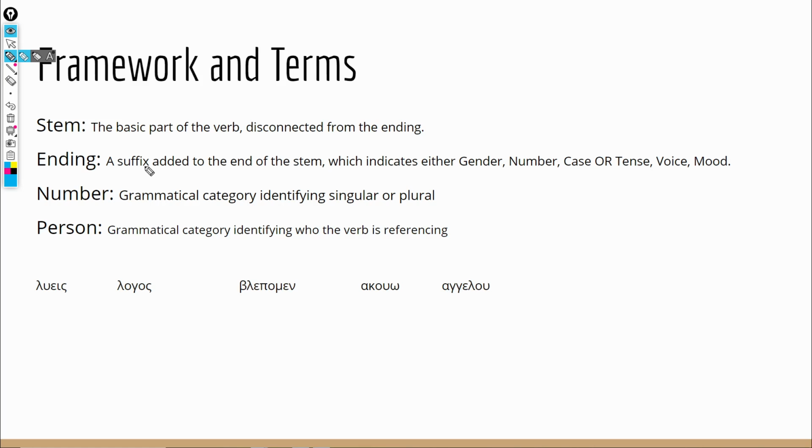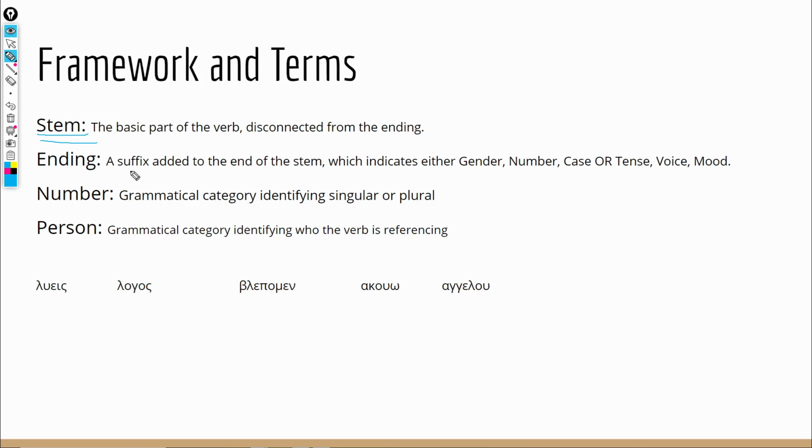In fact, I've probably said a few of them already. So the stem, you're probably familiar with this. The stem is simply the basic part of the verb which is disconnected from the ending or the inflection. It is kind of like the stem is what makes the word the word.